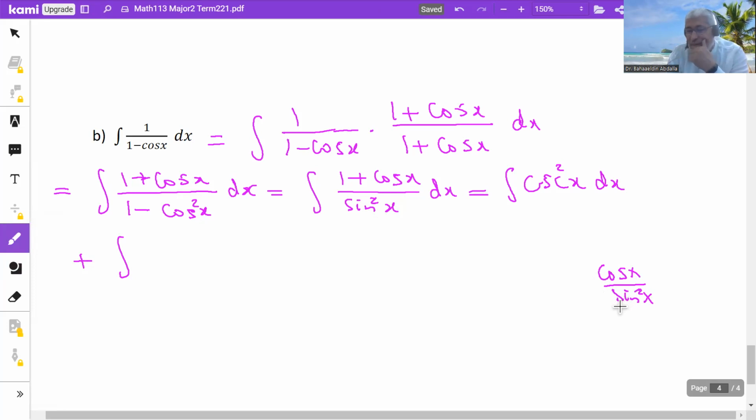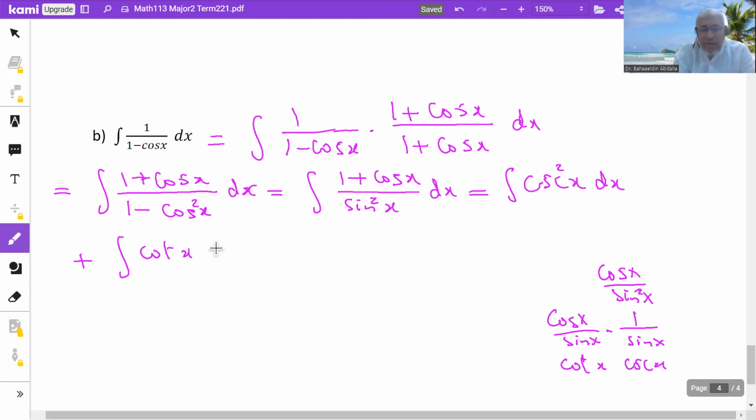I can solve this by substitution. I can take sine x as u, because the derivative is cosine, and it would be the integral of 1 over u squared. You can do that, it's okay. Or I can also write this as cosine x over sine x times 1 over sine x. Cosine over sine is cotan, and 1 over sine is cosecant. So in fact, I have cotan x times cosecant x, and there is a formula for cotan cosecant.